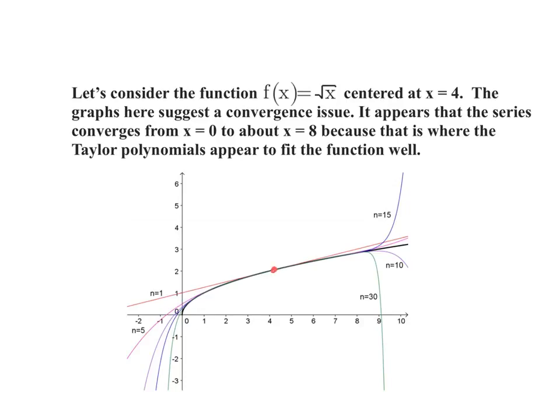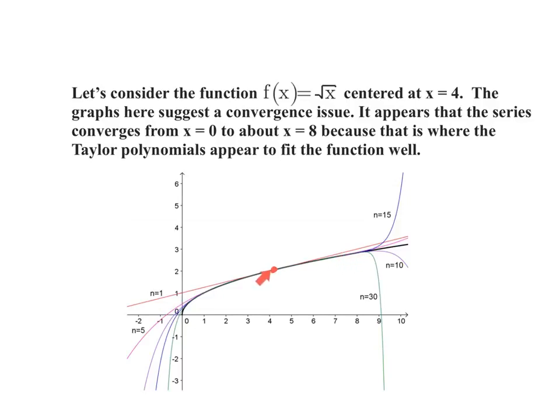So this value right here, that is going to be the center. And so remember, from your Taylor polynomials, the further you get away from that center, either going this direction or this direction, the less accurate your approximations are going to be.